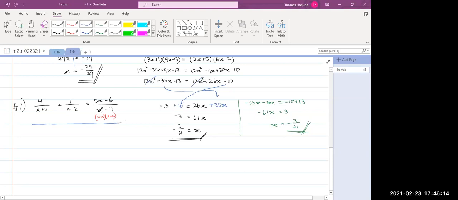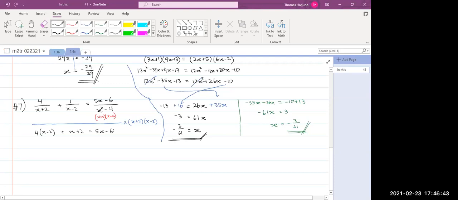I will multiply by that LCD. So the first term, x plus 2 cancels, so I get 4 times x minus 2. The second term, x minus 2 cancels, I get x plus 2 equals 5x minus 6.